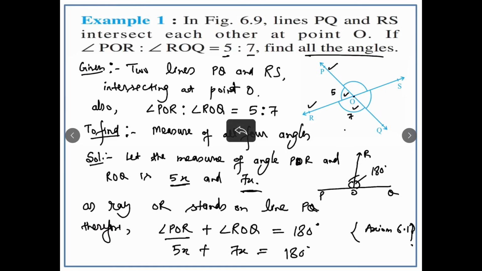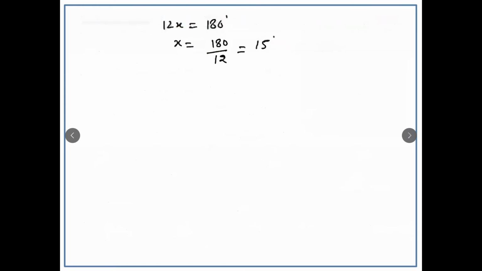Okay, this means 5x plus 7x will be 12x equals 180 degrees, or x will be 180 degrees divided by 12. This will result in 15. Okay, so x is equal to 15. So now we can find the measure of all four angles. So first angle is POR.